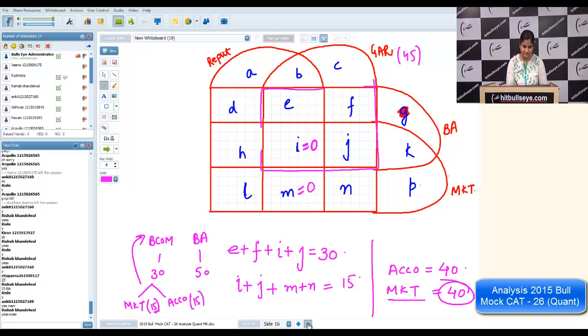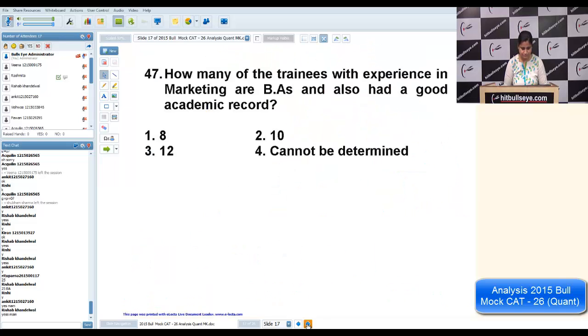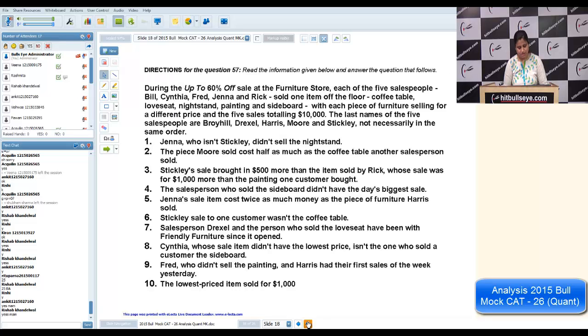Okay, let us move further. Now again, it was an avoidable set, difficult if you are not comfortable in AR or you are average in AR. Any problem in this set?